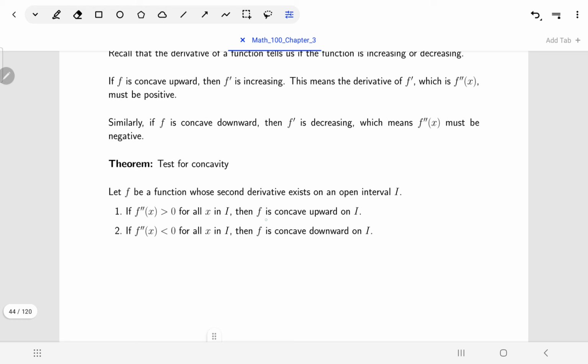And of course, if your first derivative is increasing, then your function is concave upwards. And the opposite is also true. If our second derivative is always negative, then that means our first derivative is decreasing. And if our first derivative is decreasing, then our function is concave downward.